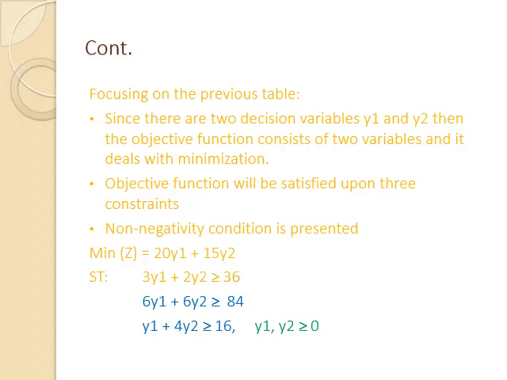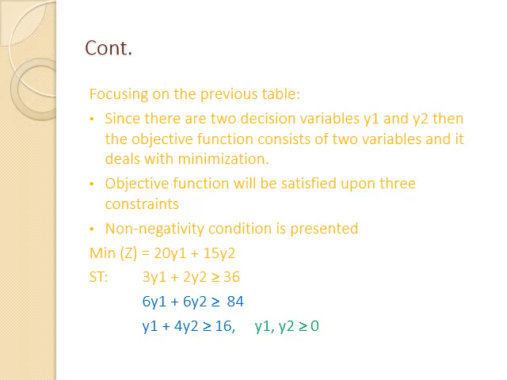The first constraint is about iodine: 3y1 plus 2y2 more or equal 36. The constraints for a minimization problem are more or equal B1, B2, B3.